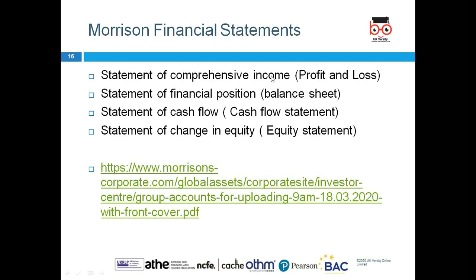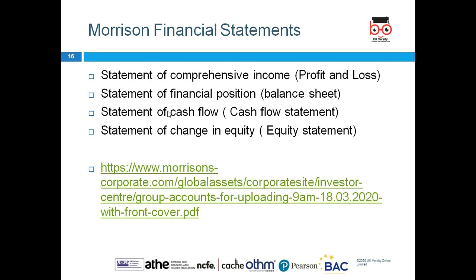It shows how much income, how much cost, how much expense, each area we can find. The statement of financial position shows how much worth of assets, liabilities, and capital the company has. The statement of cash flow shows how much cash goes in and out of the business in different business areas.